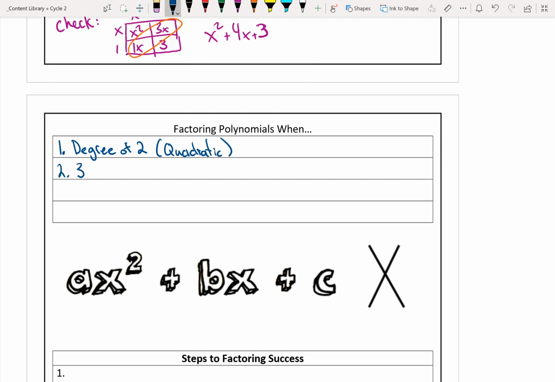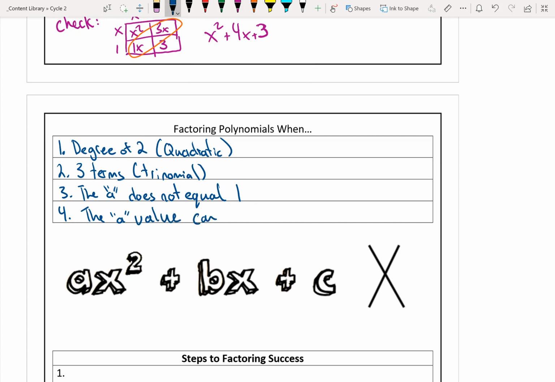When there are three terms, so trinomial, when the a value does not equal 1, and finally, when the a value can be common factored. So again, if it can be common factored, that means it can be divided into B and C.